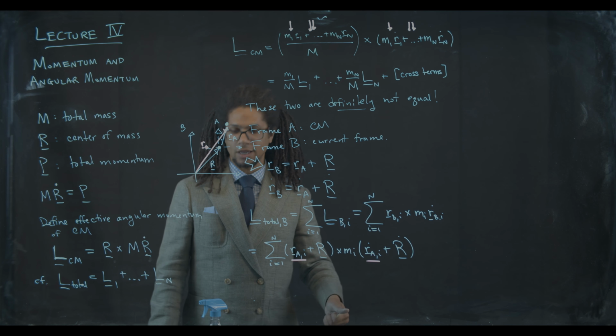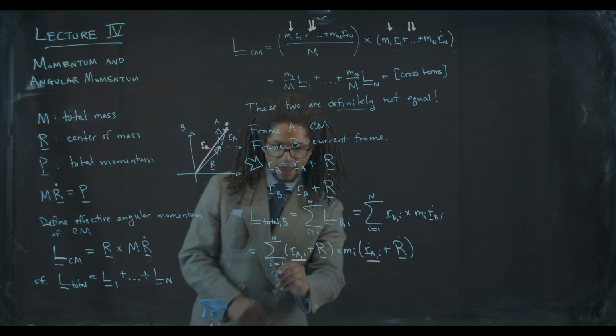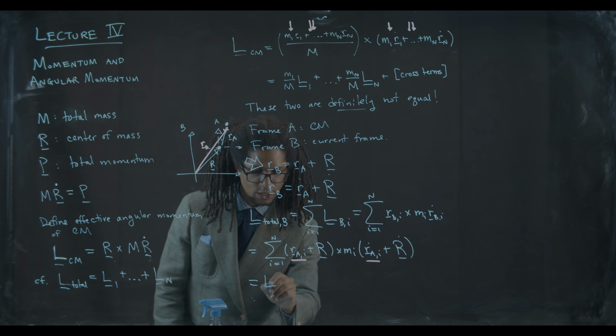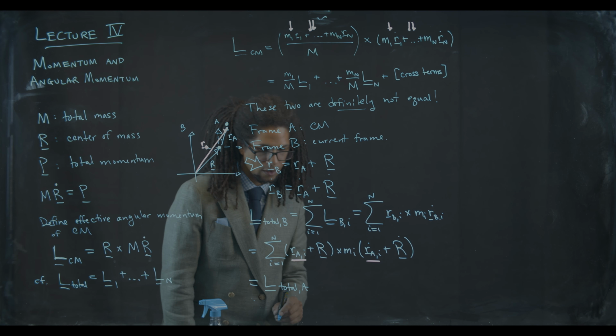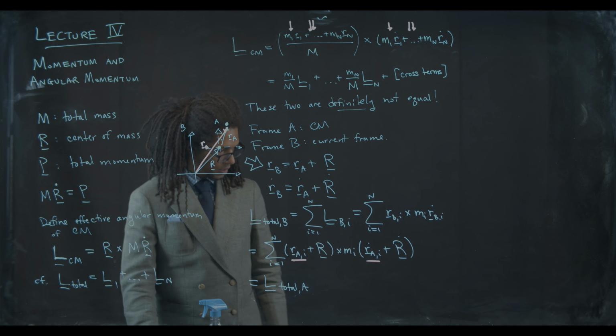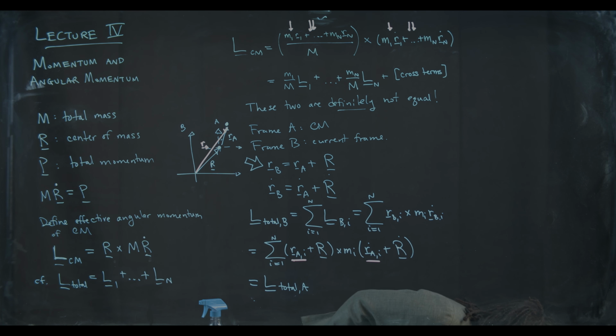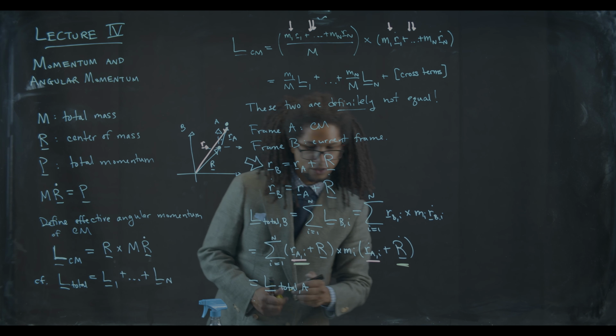That is precisely the angular momentum of i in A. But I'm going to add those all together. So my first set of terms is actually going to give me L total A. Good. The next thing to do will be to cross this with our capital R dot.